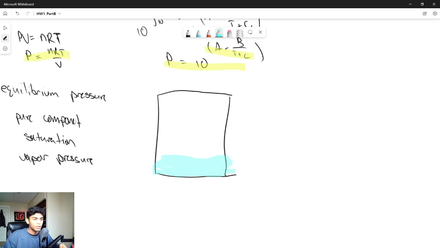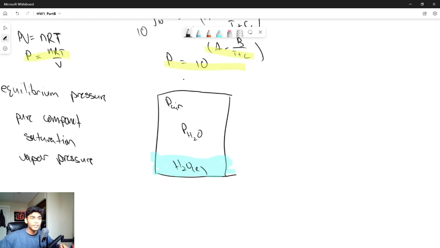This is going to be liquid water at the base. This is 1 kilogram of liquid water that we have in this container. And in this headspace, we have the partial pressure of air and the partial pressure of water.